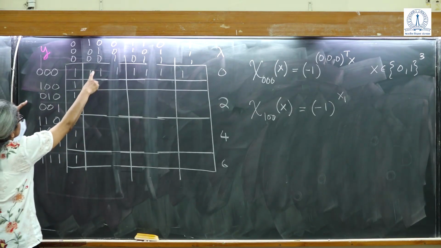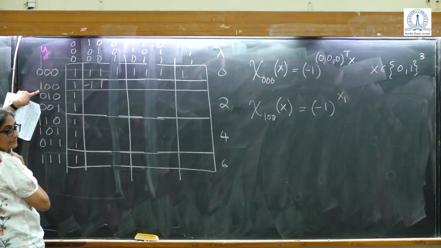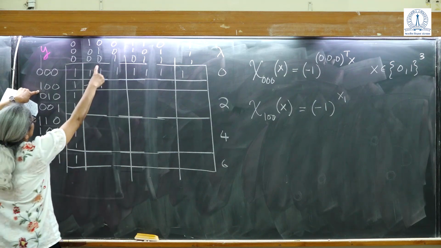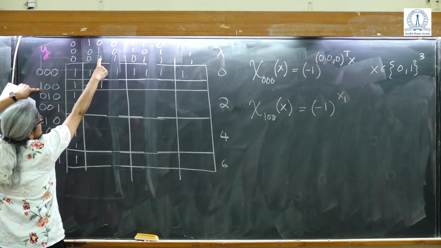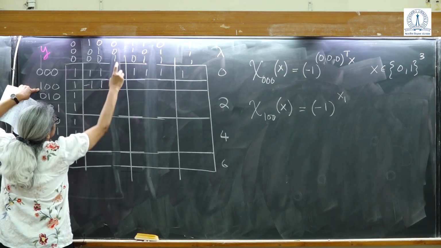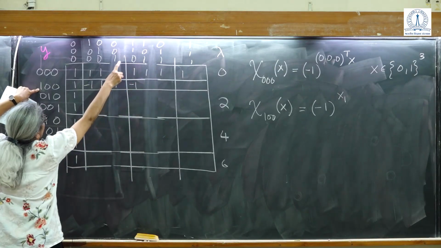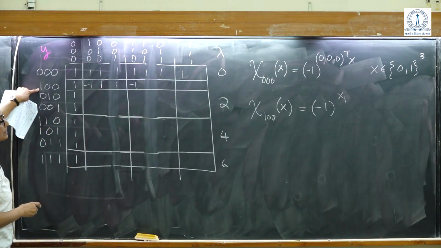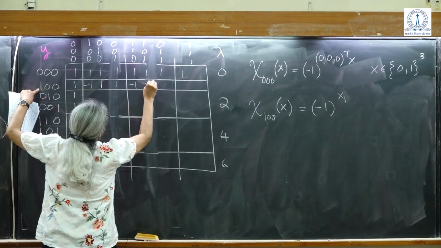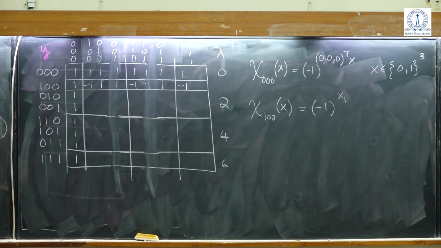This and this is going to be 1. Can you check? The dot product of this vector and this vector is 0, so I have -1 to the 0. This is also 0, so this is also 1. This is going to be -1, the dot product is 1. Again, it's -1, then a 1, and then a -1. Is that okay?